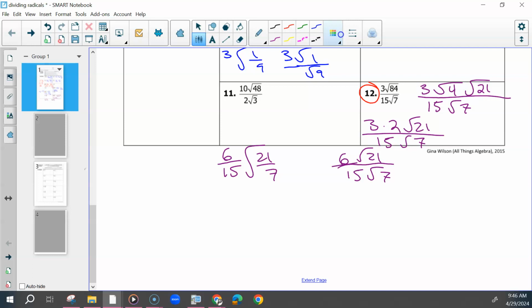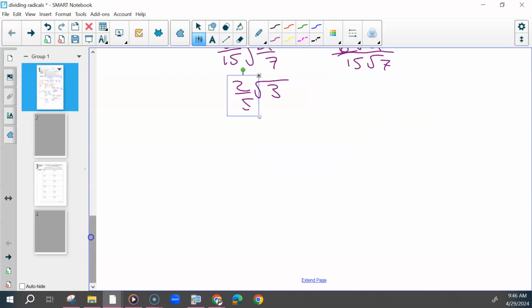What about the outside? 18 or 15. Divide both by something they have in common. 2, 5. So then to combine that all, we'd have 2 root 3 over 5.